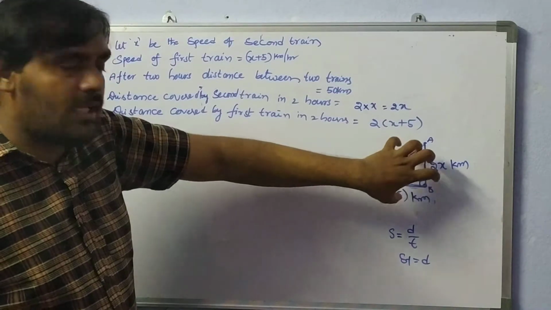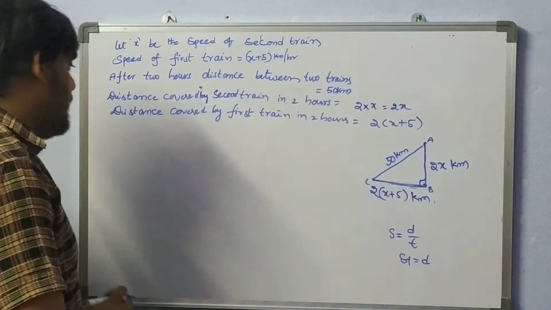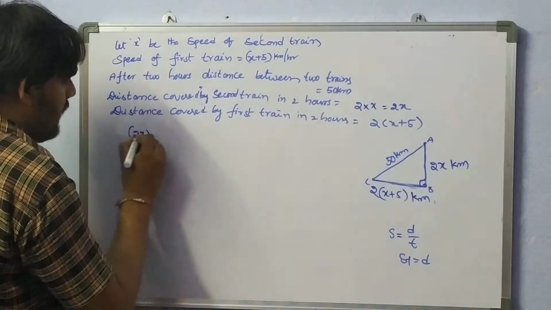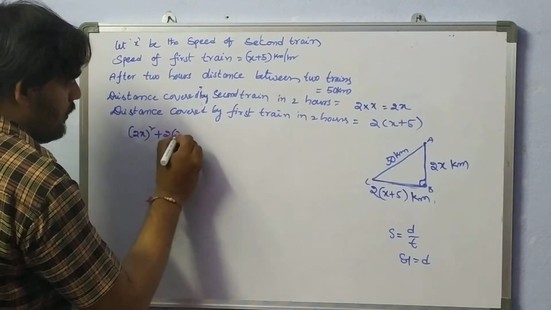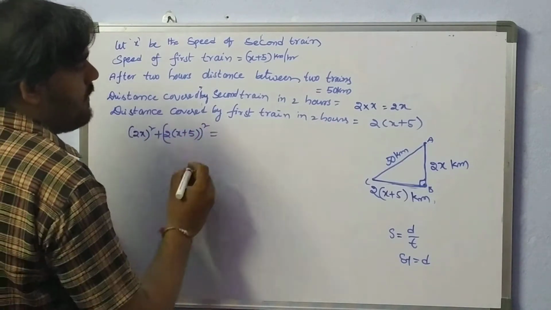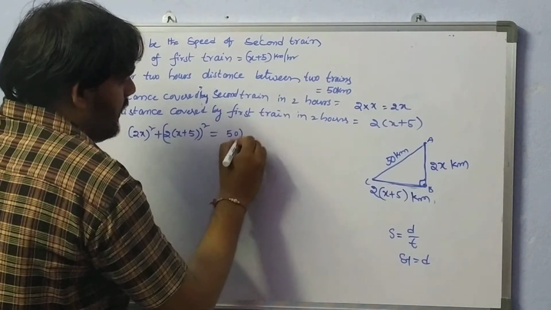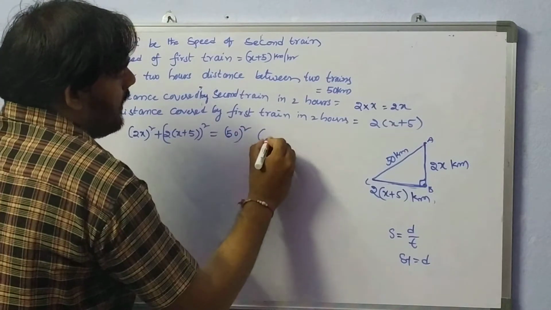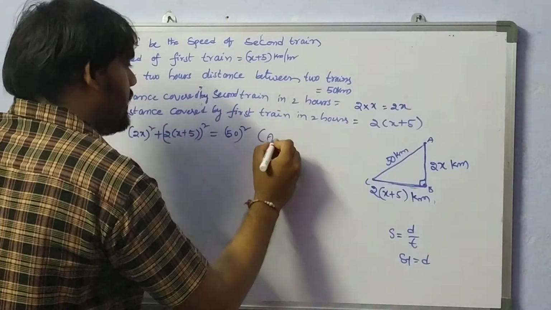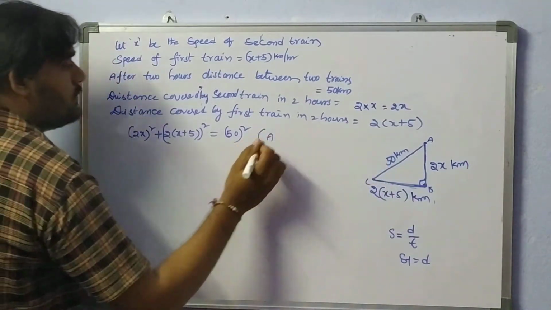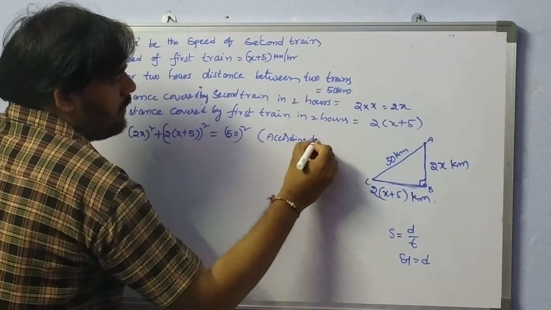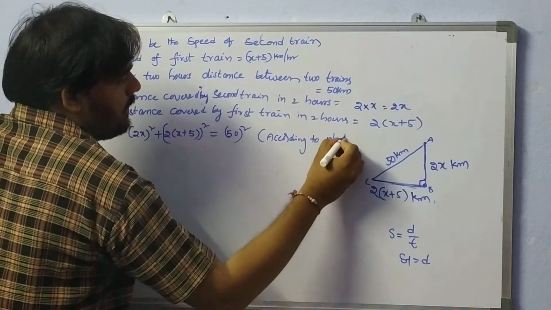This figure is in the form of a right angle triangle. At that time, we can write 2x whole square plus 2 into x plus 5 whole square is equal to 50 whole square, according to the Pythagorean theorem.